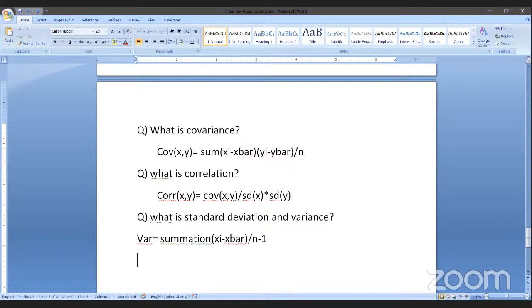Okay, so coming to the next question, what is central limit theorem?